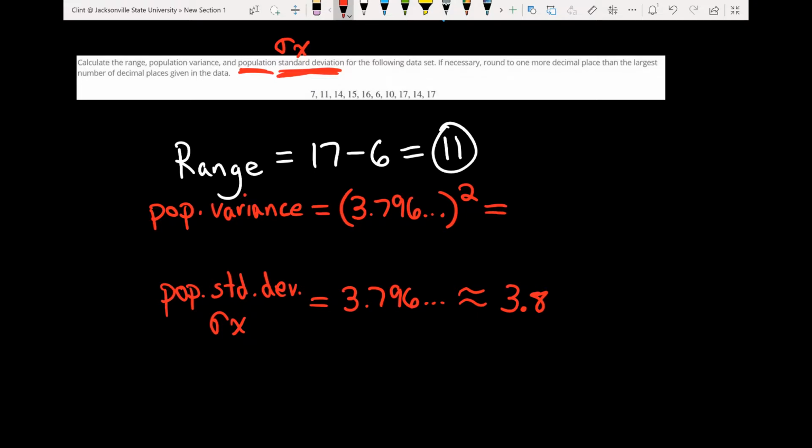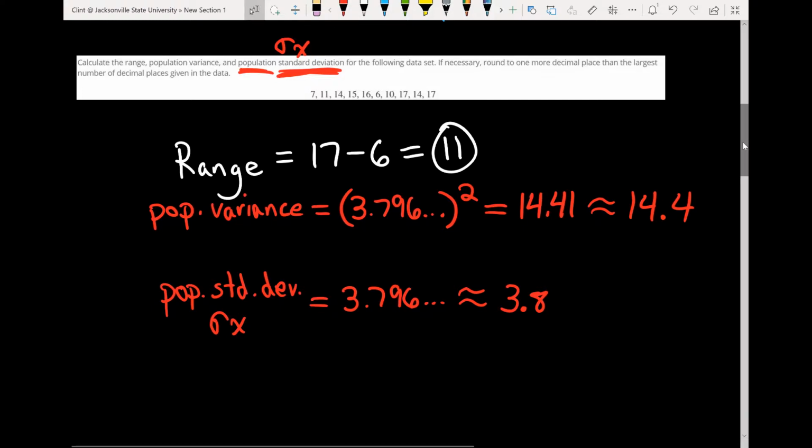So hit the square button here, and I got 14.41, but we can round that to 1 decimal place, so 14.4. So again, most of the work on that goes in your calculator. You just need to figure out how to use your particular model calculator for these. Okay?